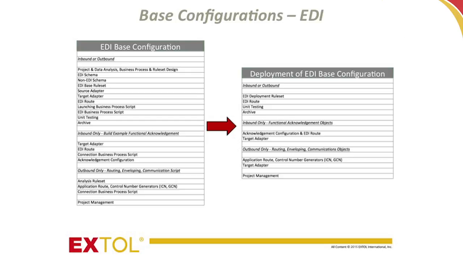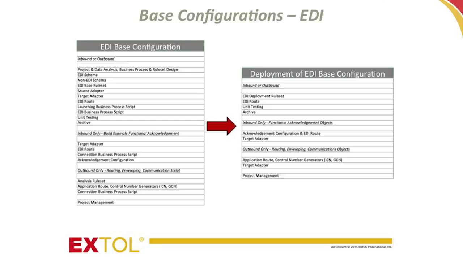This slide shows a little bit, in the EDI realm, of what we think about when we're talking about the base configuration compared to the deployment. It shows the number of objects that we think about from a base perspective, whether it's inbound or outbound. We have schemas. We have the source and target data representation. We have the EDI route. We have unit testing.